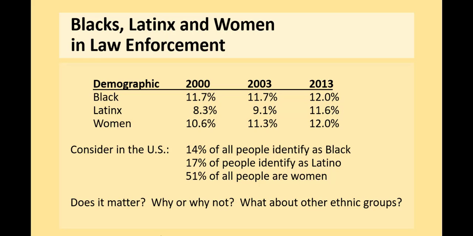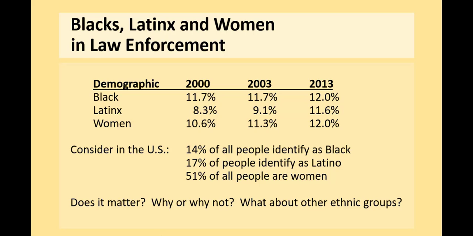So in 2000, consider that about 14% of all people identify as Black. But then look at the chart above and see how many law enforcement officers are Black. It's about 11%. That's probably a great improvement over those statistics from 1960, 70, even 80 and 90.